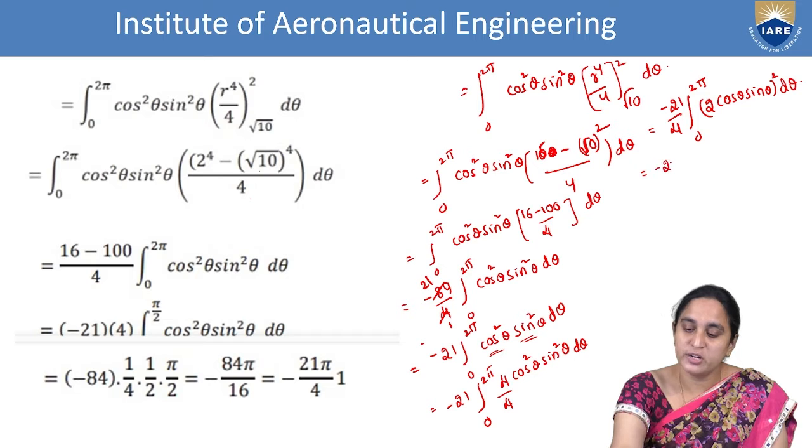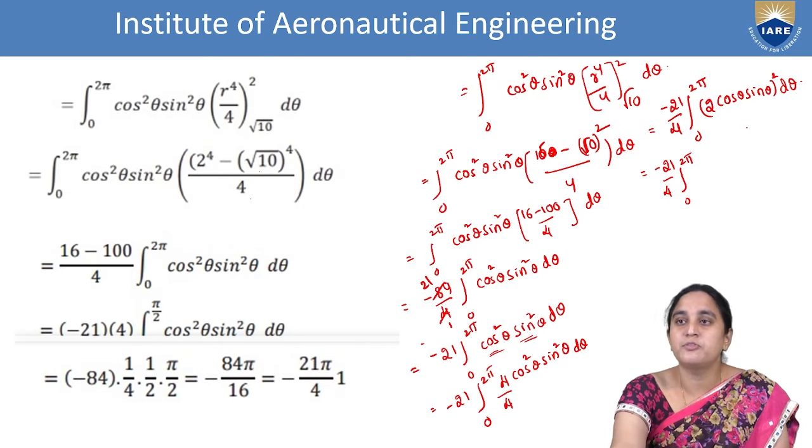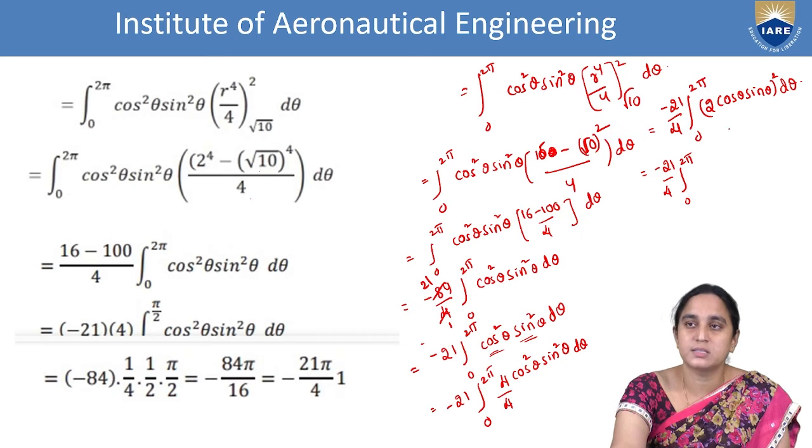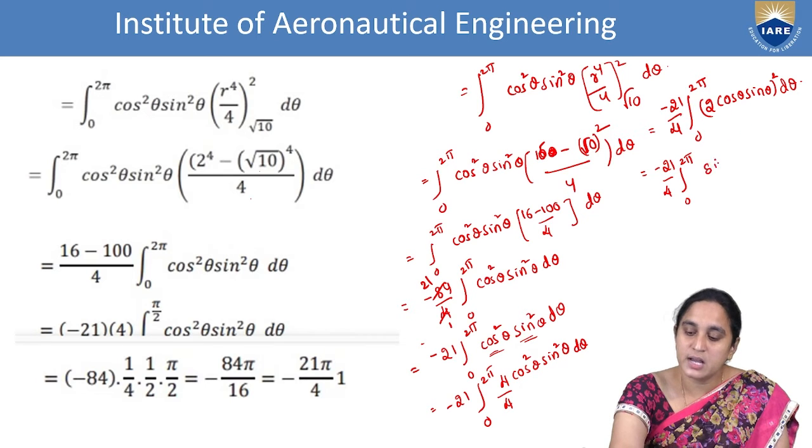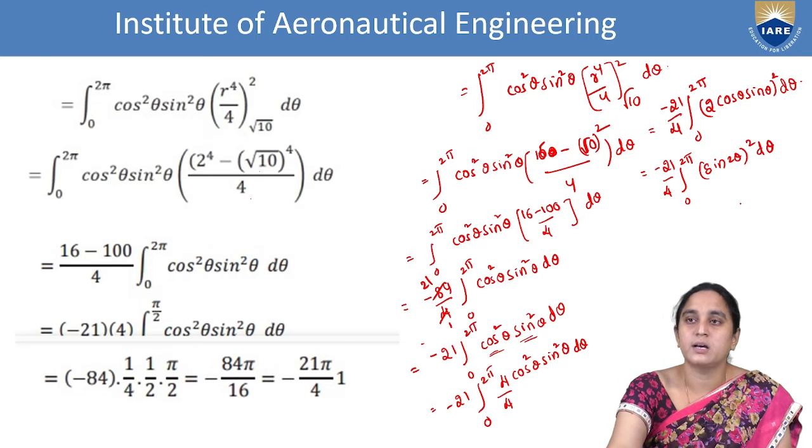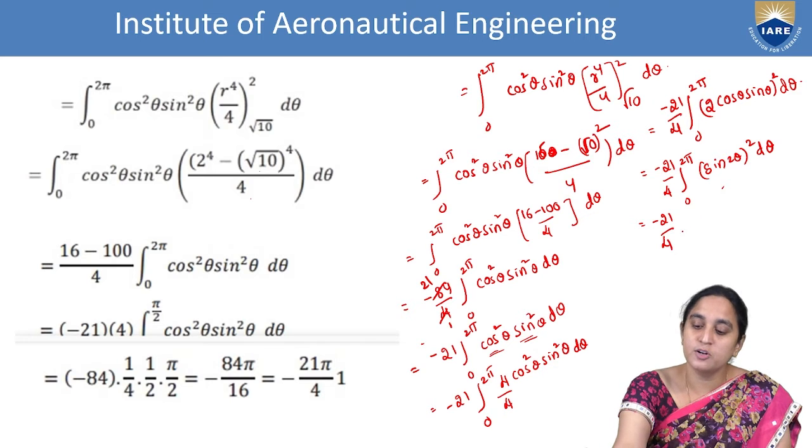From that, minus 21 by 4, integral 0 to 2 pi, which is in the form of 2 sin theta cos theta, that is sin 2 theta, whole square, into d theta. Again, there is no formula for the integral of sin 2 theta whole square, so I'm using a trigonometric formula.